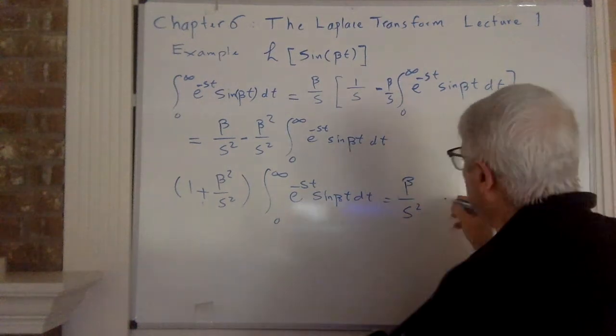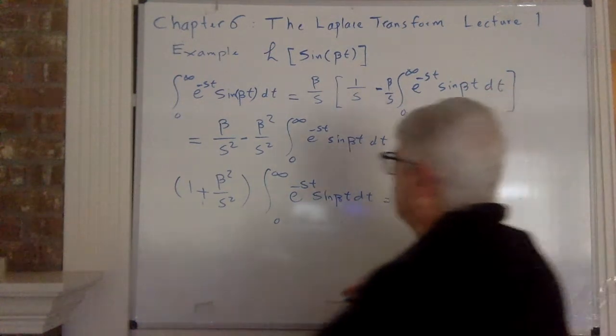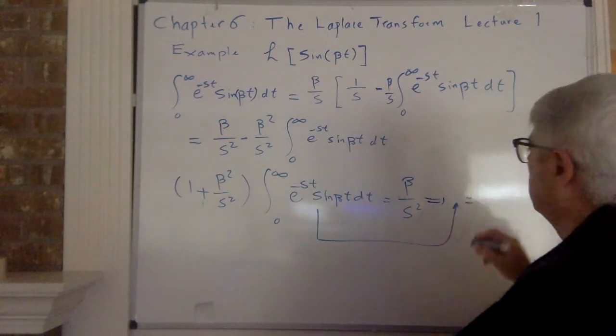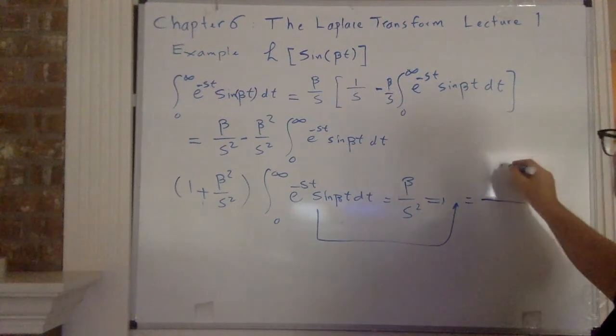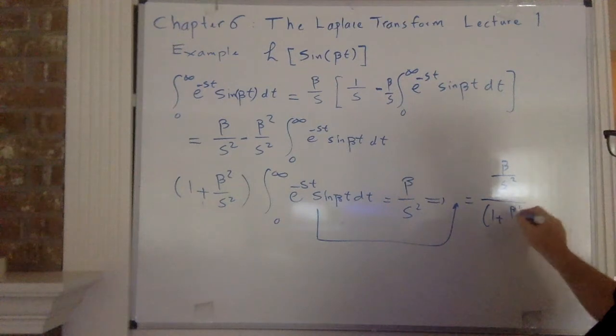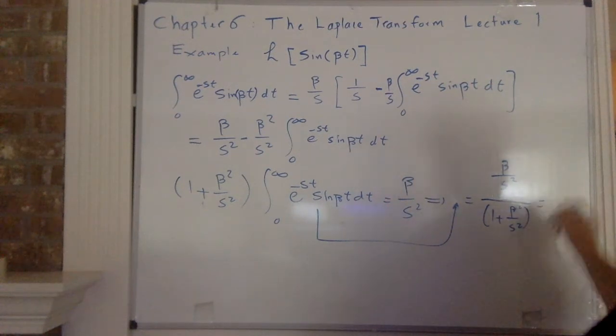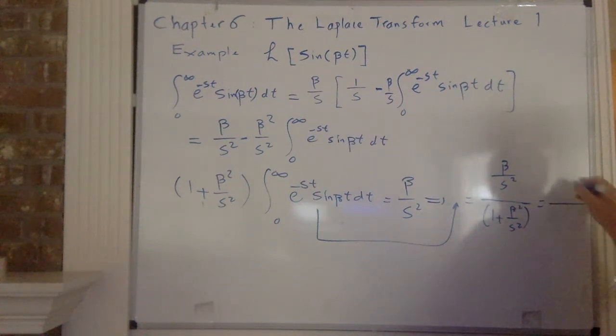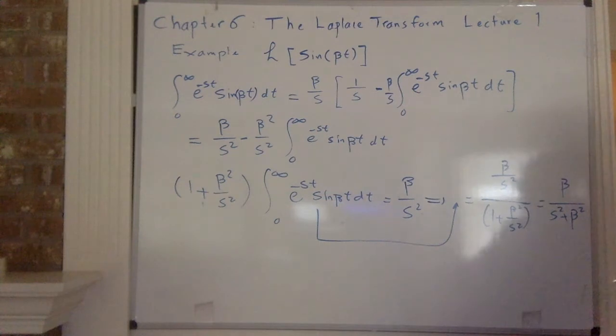So this integral equals this divided by that, beta over s squared over 1 plus beta squared over s squared. Let's multiply by s squared both numerator and denominator, and that will give me beta over s squared plus beta squared. Okay? And I think this is correct.